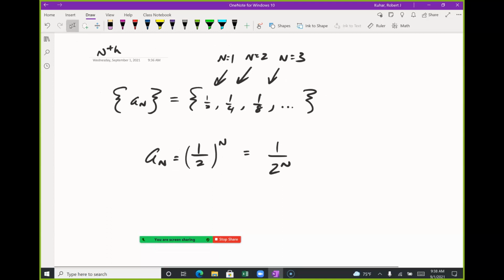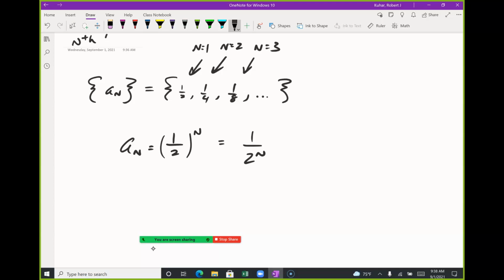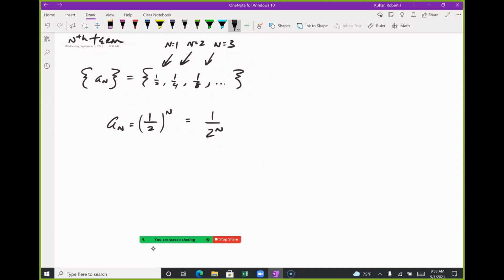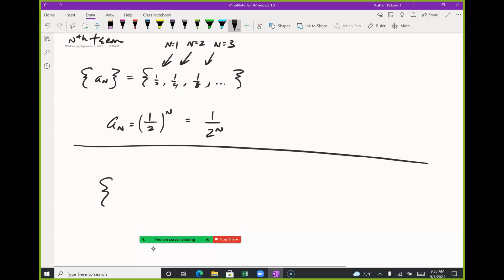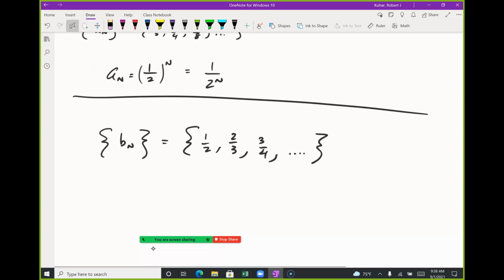So sometimes you'll be able to find the nth term just by looking at it, right? So for example, if I have the bracket b sub n, and I give you 1/2, 2/3, 3/4, ... Can you tell me what the nth term is? 4/5.